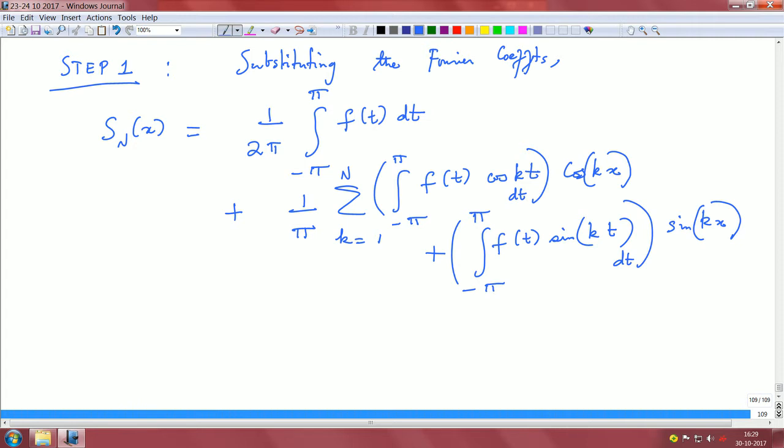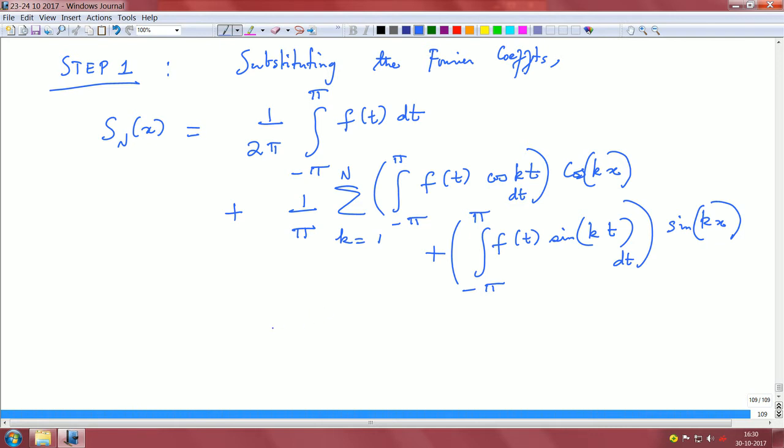So, now we can pull all the terms together, right, and I can say I have a cos k t cos k x, then there is a sin k t sin k x. I can pull all the terms together.